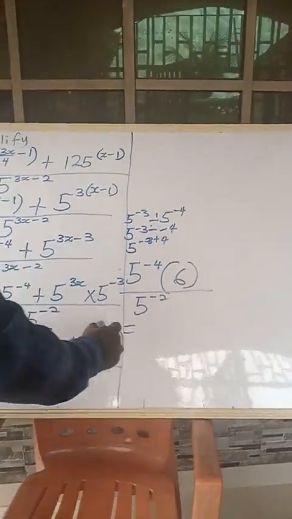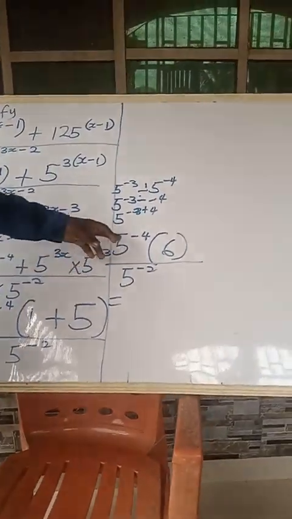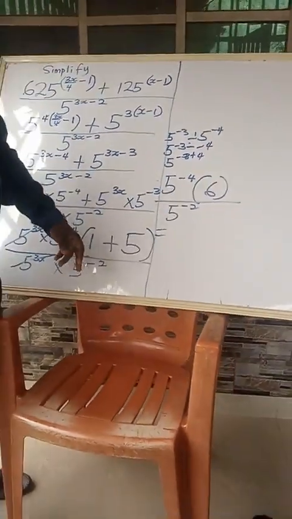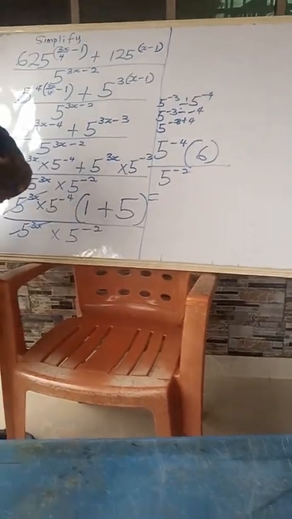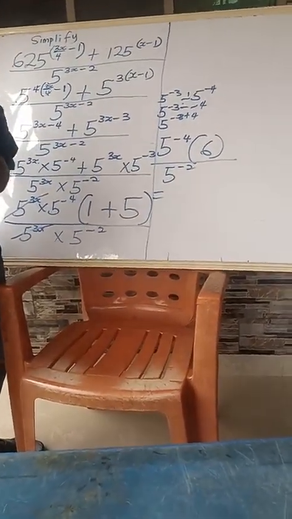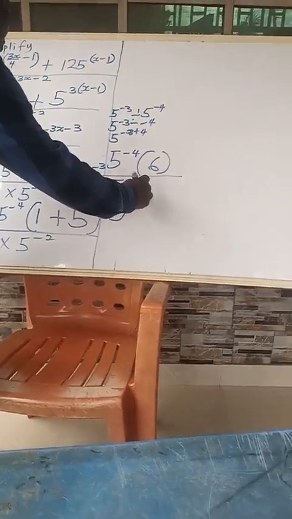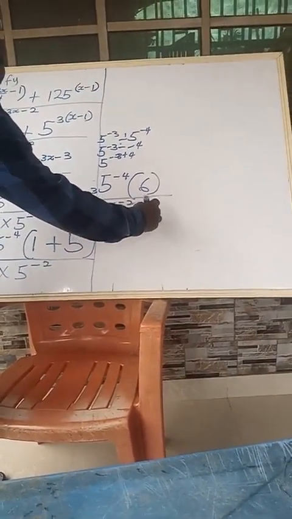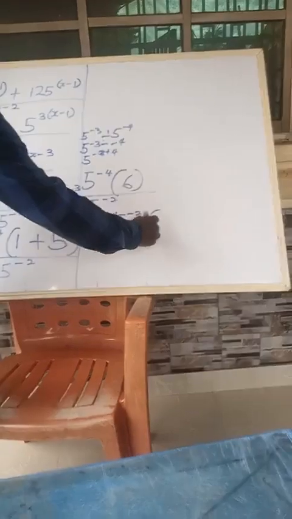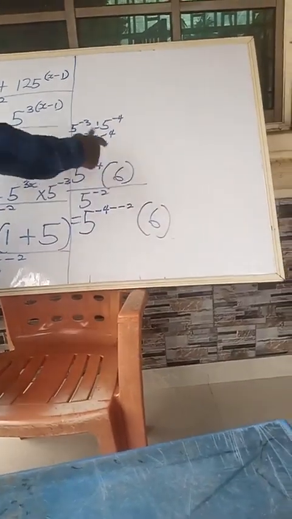And according to law of indices again, we want to divide this by this. So since they have the same base, we are going to subtract the powers. And this becomes 5 raised to power minus 4 minus 2. Then times 6. Don't forget this 6.